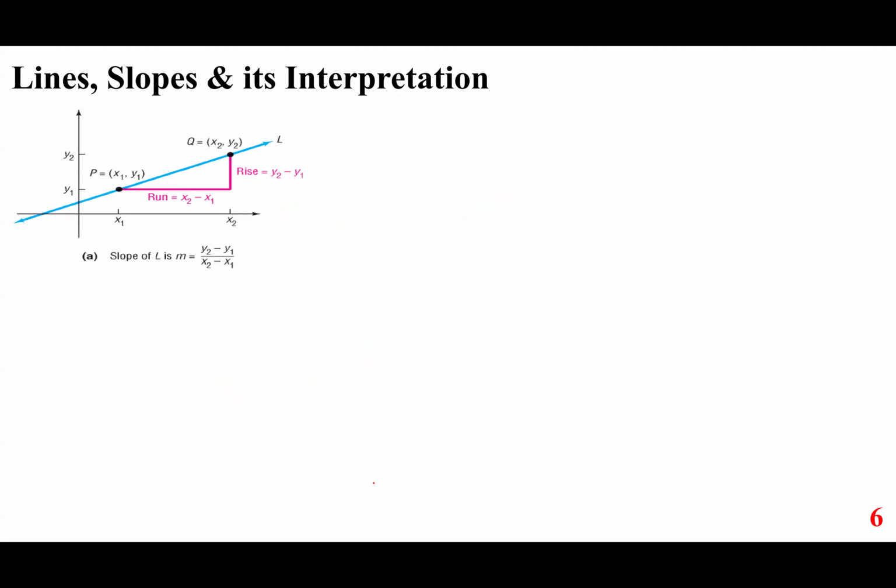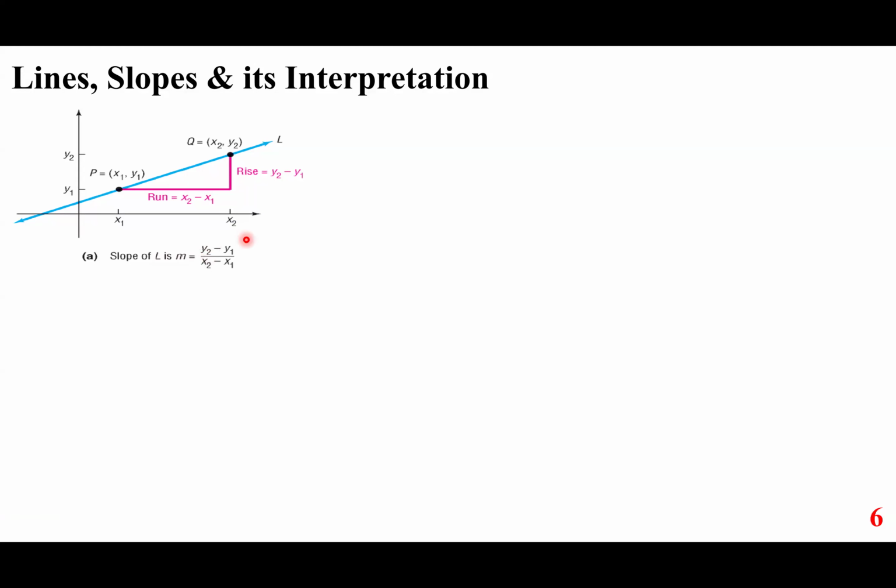Lines, slopes, and its interpretation. Slope is defined as rise over run.